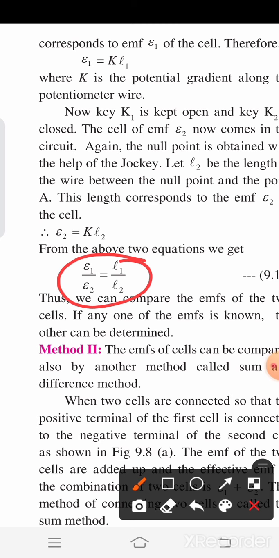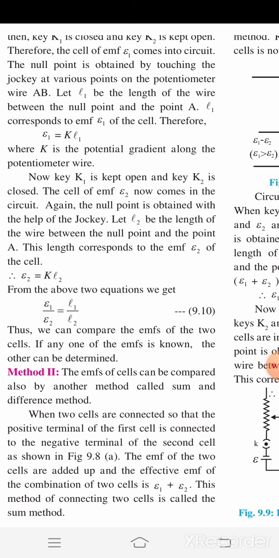That is the first method to compare the EMF. So students, the second method to compare the EMF of two cells is the sum and difference method.